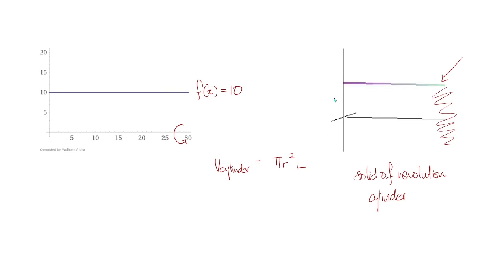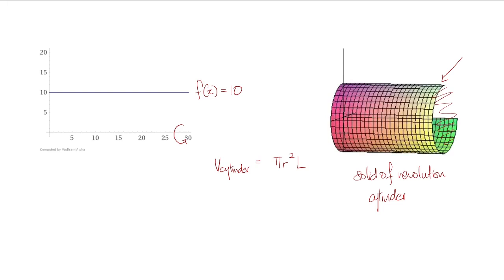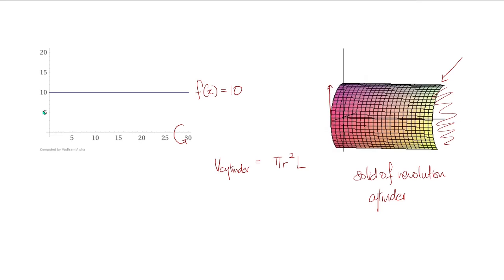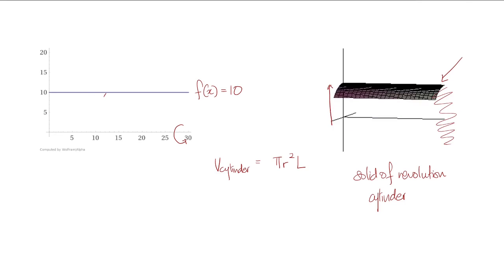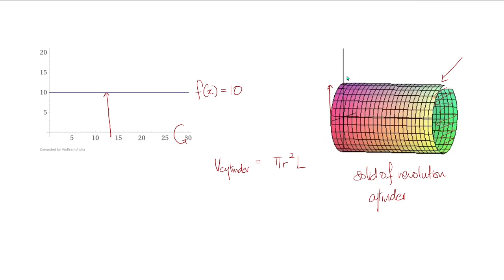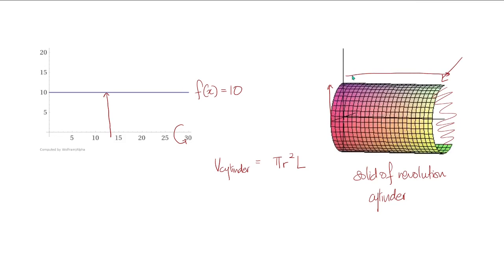So in this case, r will be the distance from here to here, and then the length is of course here to here.